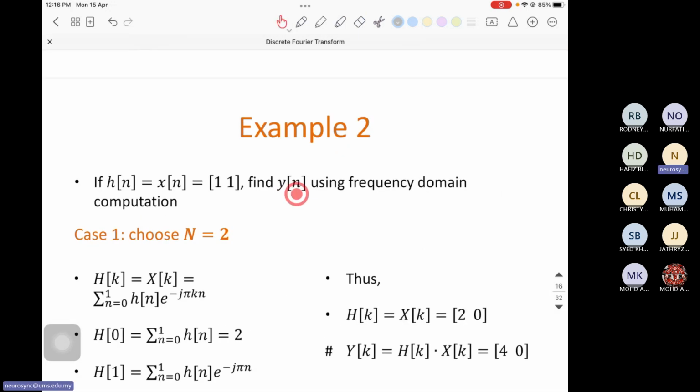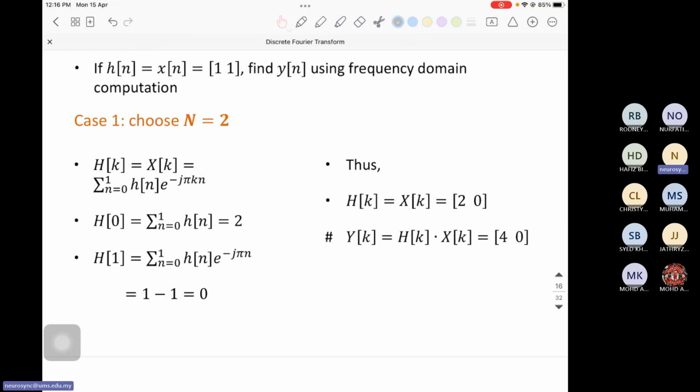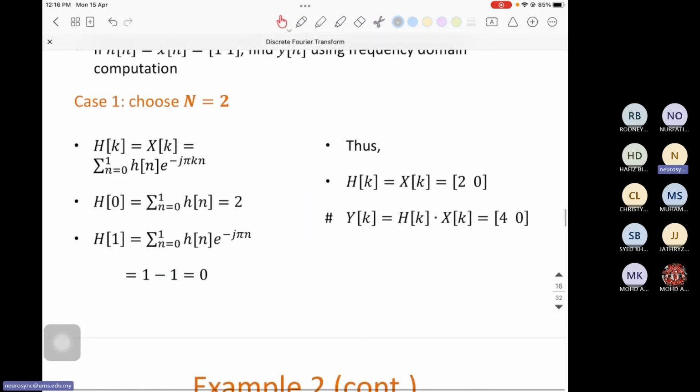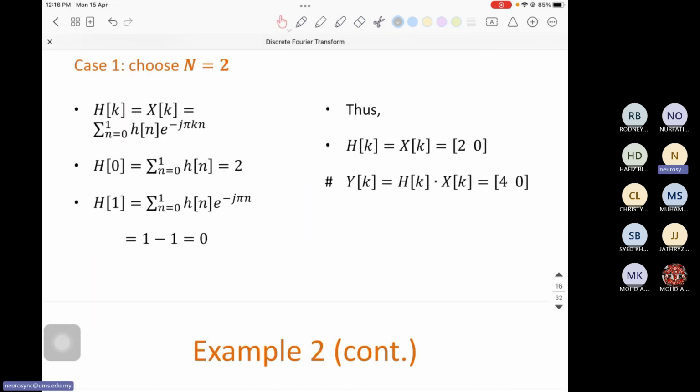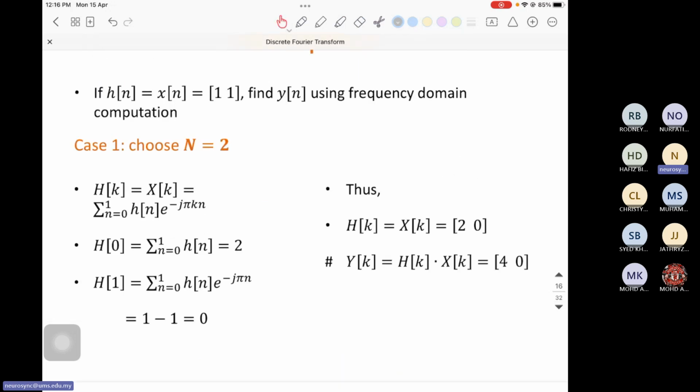To find y of n using frequency domain computation. First, we will find out X of k and H of k. Because the given sequences are equal, first find H of k, X of k.